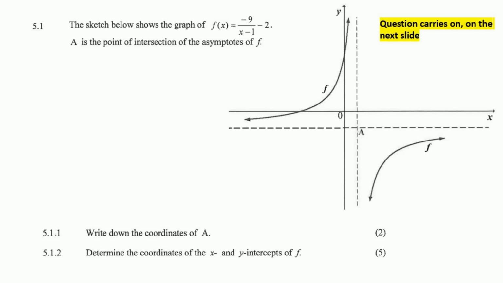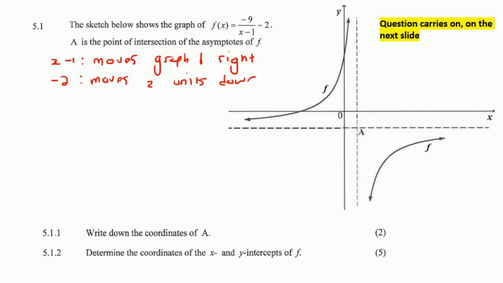Right, so that's quite easy. So we need to know what this does to a graph. So we need to know that x minus 1, what does that do? It moves the graph one place right. What does this do to a graph? Well, that moves it 2 units down.